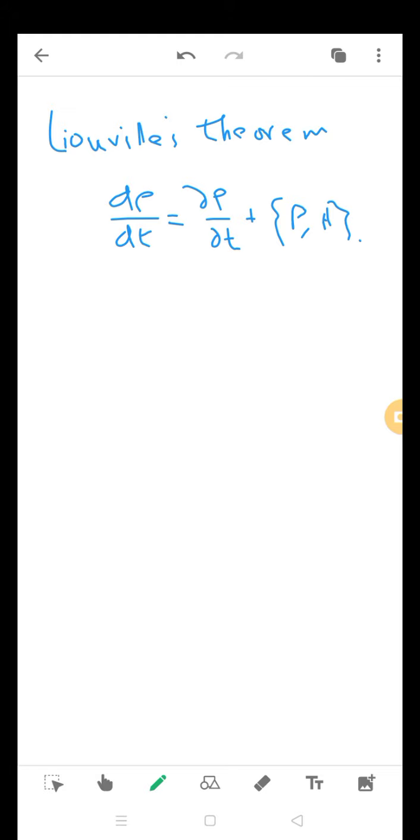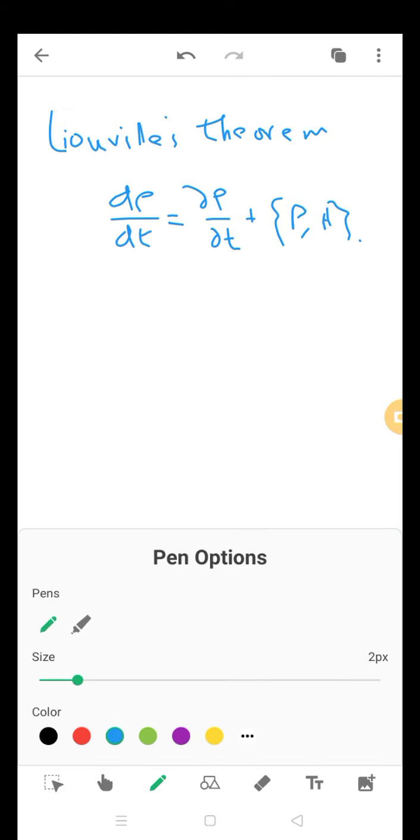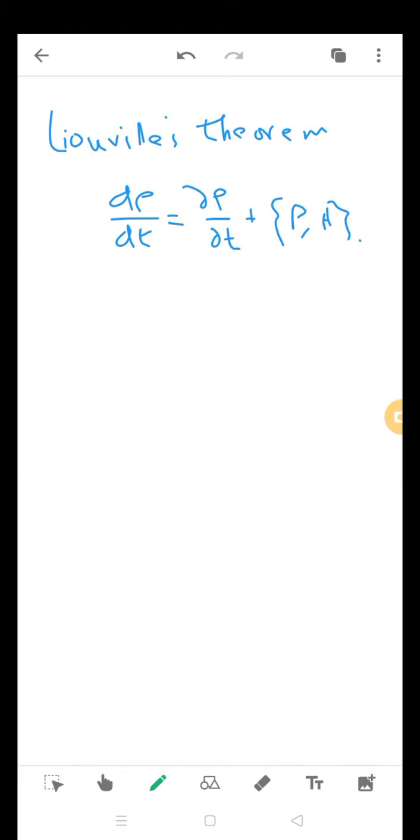And we also learned about the postulate of equal a priori probabilities, where for some particular value of E, each point of the phase space is accessible and is most equally likely to occur.